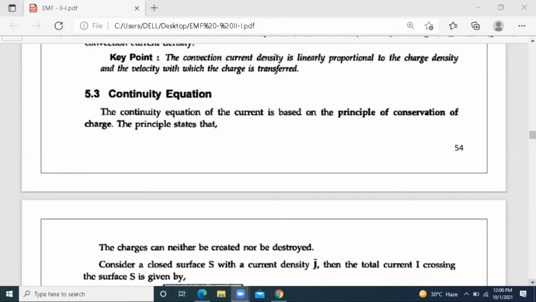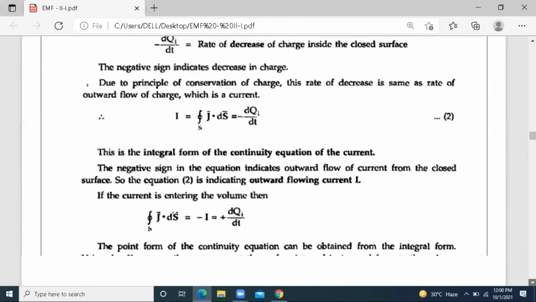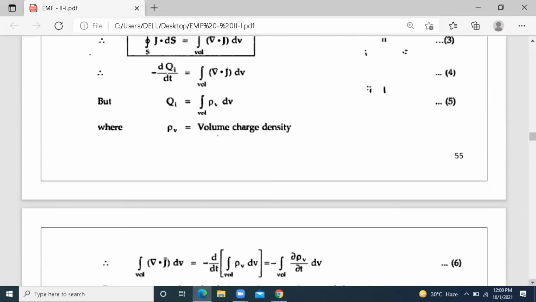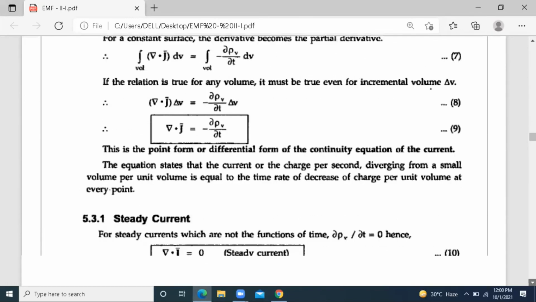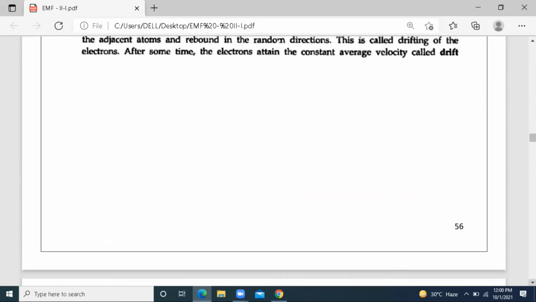Those 2 hours are for us to work some problems. But I really want to spend 20 minutes out of it to finish up conductors.